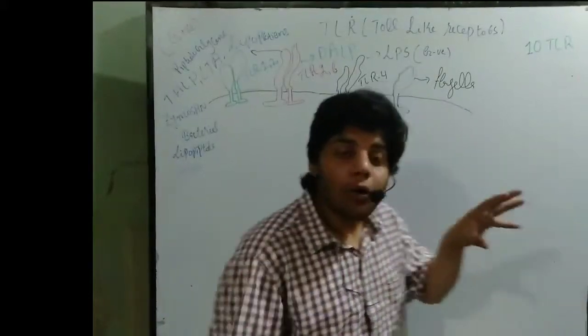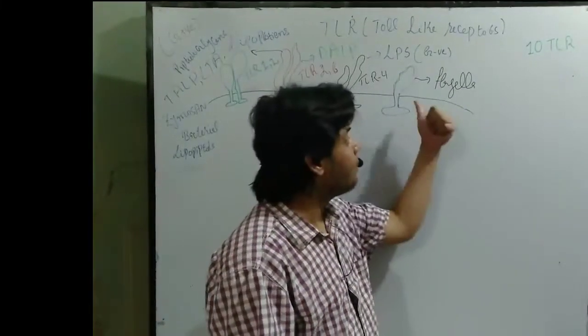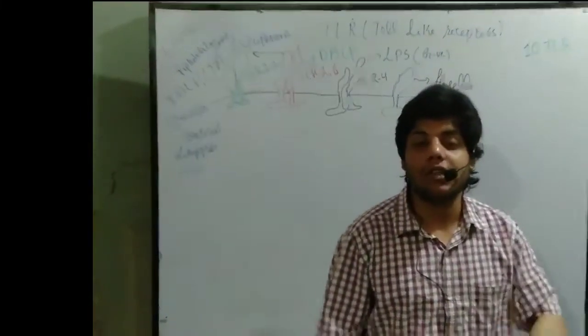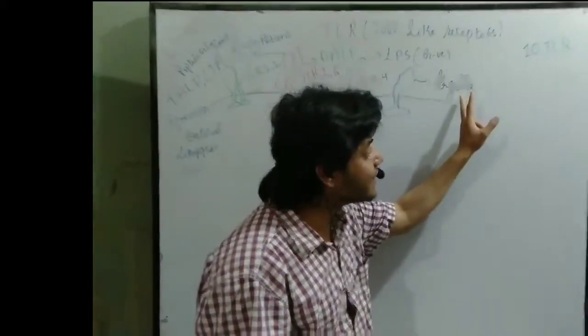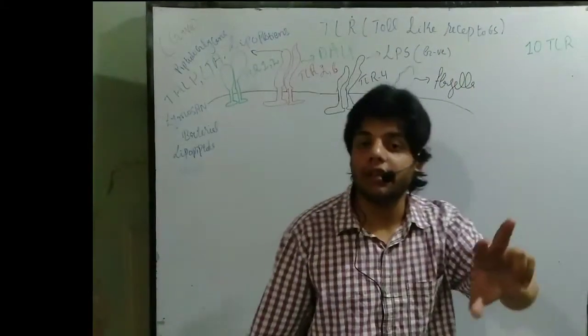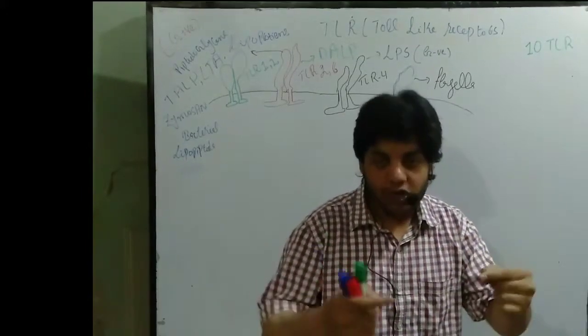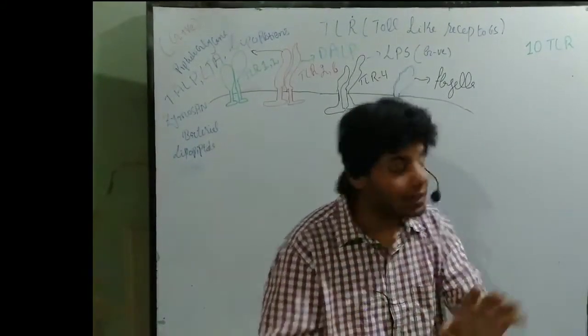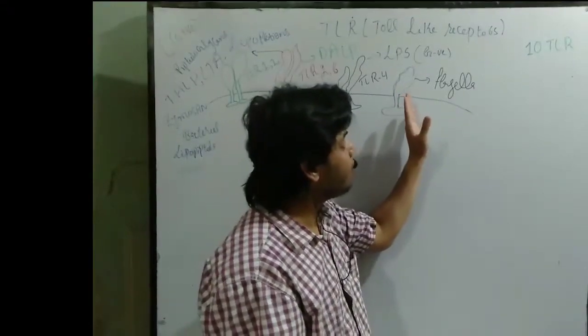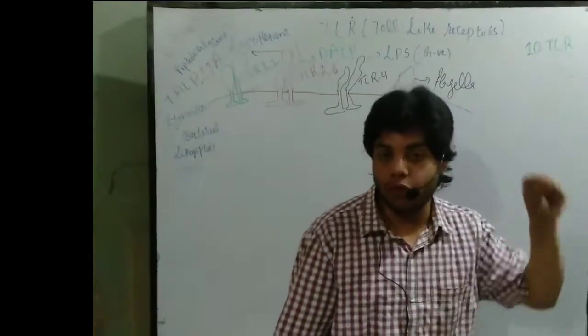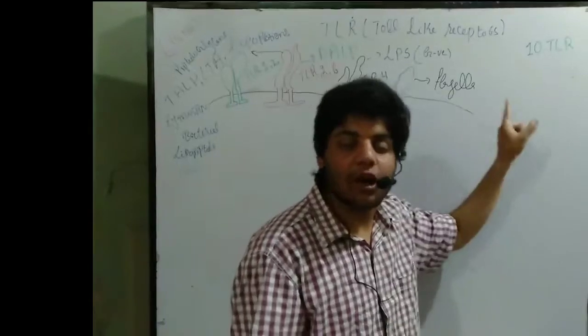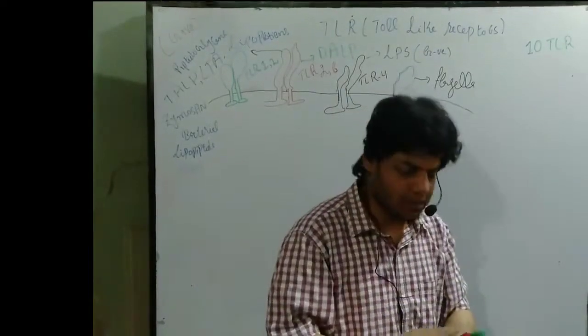So why are our own cells not detected, but bacterial flagella are? Remember, bacterial flagella are made up of flagellin, and our own cells' flagella are made up of tubulin. Because of this, our own cells are not detected. Toll-like receptor 5 detects the flagellin protein present on the flagella of the bacterial cell.